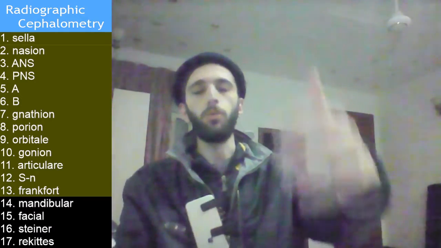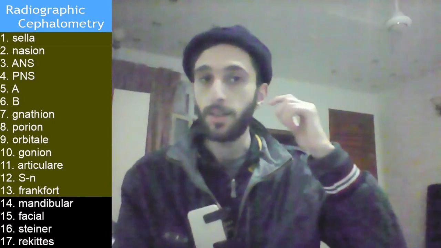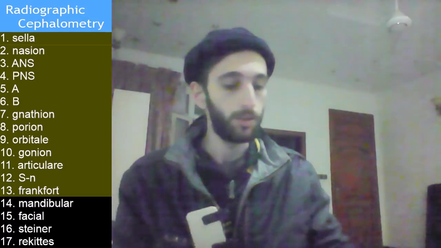It is a bilateral point, and I will give you more explanation later. But you have to keep in mind that the Frankfort line is between the porion and the orbital. The SN line is between the sella turcica and the nasion. So we have now the sella turcica, nasion, Frankfort.